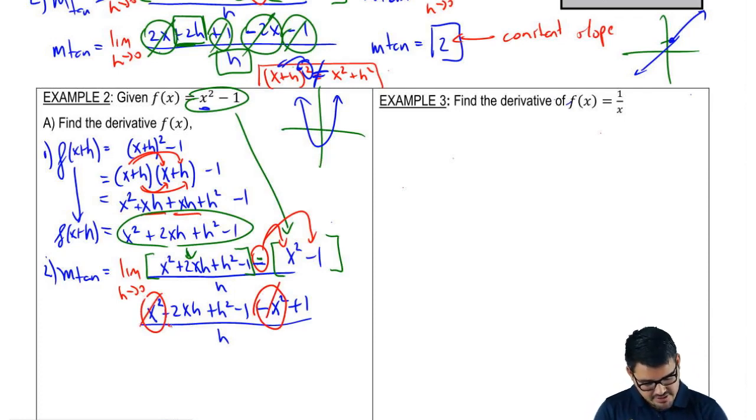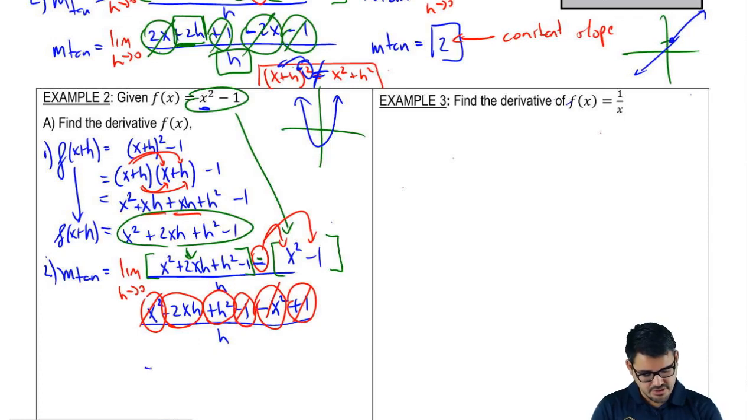This positive 2xh just comes down by itself. This h squared comes down by itself because nobody else matches it. And this negative 1 cancels out with this positive 1. So what we have left is 2xh plus h squared with h on the bottom.